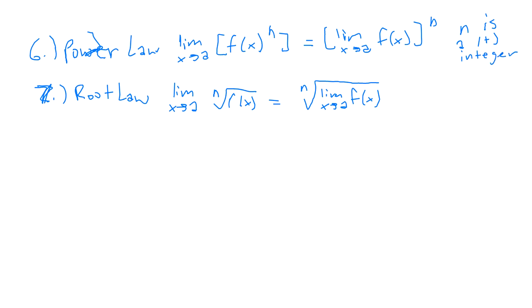And for our root law, if n is even, then f of x has to be positive as well, since we cannot have a negative in a square root or a quartic root or anything like that. So now that we have all of these out of the way, we can go ahead and do a couple of quick examples.